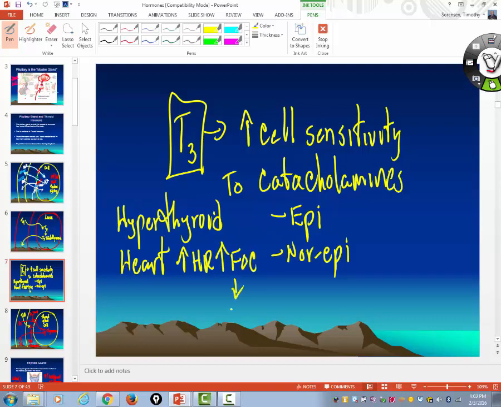And that's going to increase their blood pressure. So people who are hyperthyroid are referred to as being hyperdynamic with respect to the cardiovascular system. Their heart rate's high, their blood pressure's high. Also, because epinephrine increases metabolism within cells, that's going to aid in that weight loss and that production of heat.